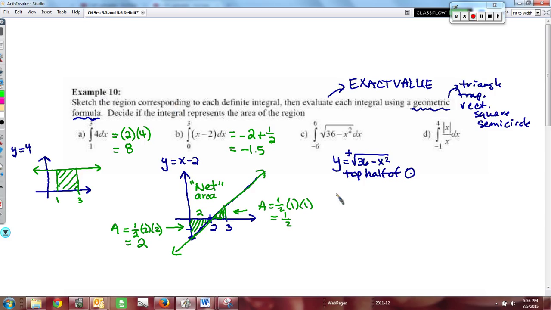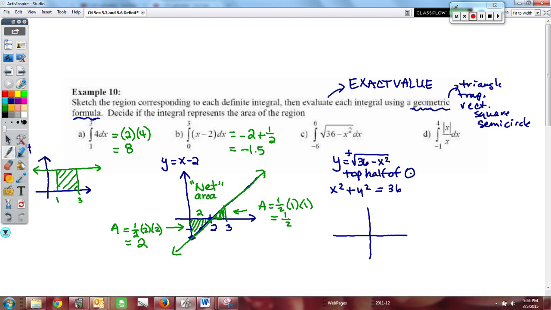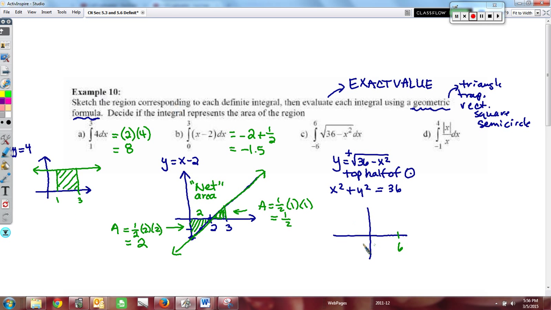If I square both sides and then move the x squared over, it's x squared plus y squared equals 36. So it's a circle centered at the origin with a radius of 6. And because it's the plus square root version of that, we know that we're doing the top half. And so this also would be 6.